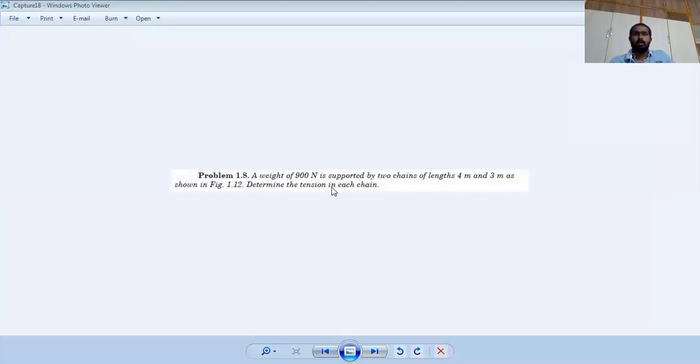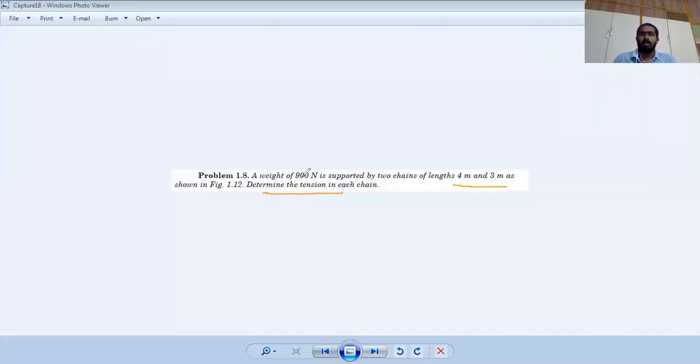Ganesh, please read the problem. A weight of 900 newtons is supported by two chains of length 4 meters and 3 meters as shown in the figure. Determine the tension in each chain.